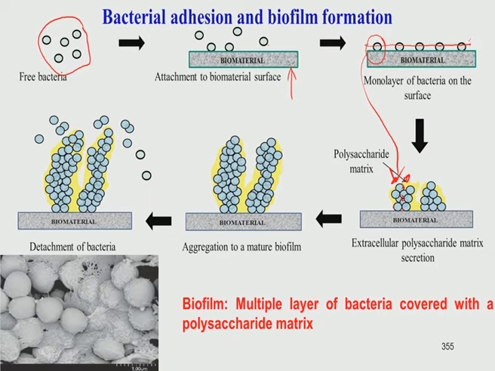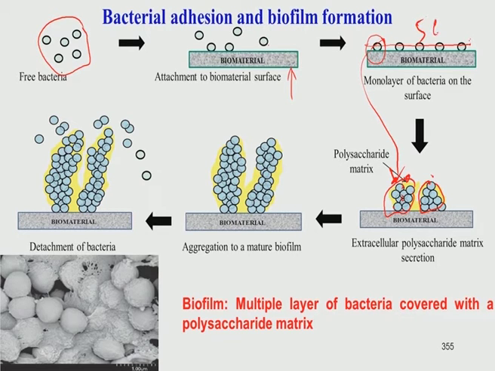I repeat, suppose 5 bacteria have attached to the biomaterial substrate. Ideally, a single bacterium can form a single colony, so these bacteria can generate 5 different colonies on the same substrate. Just for illustration we are showing 2 such colonies here, but it can potentially form 5.